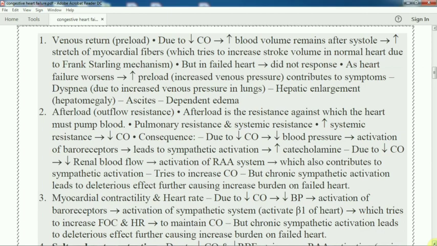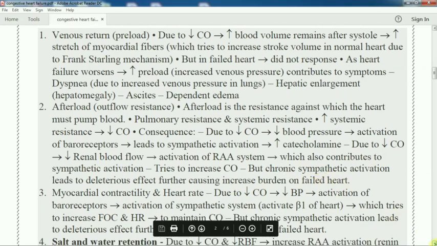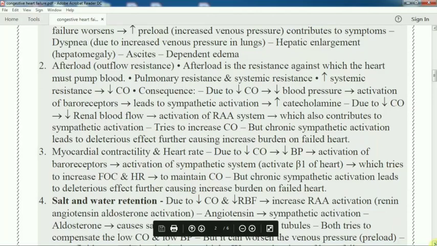It is a burden on the failed heart, too much pressure to maintain the cardiac output for a longer period. So this is your myocardial contractility and heart rate.